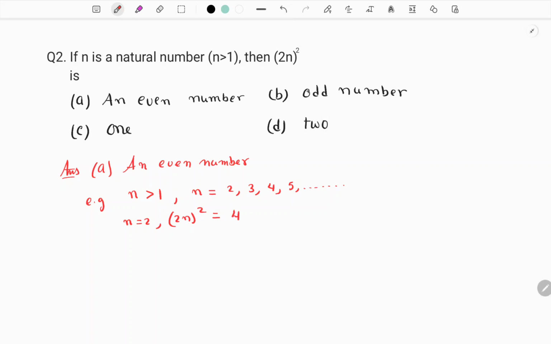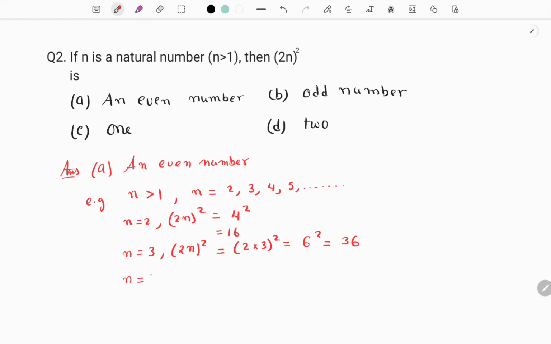So here becomes 4 square. So 4 whole square, this one will get 16. Next, when n is equal to 3, this one we write (2n) whole square, which is equal to (2 into 3) whole square. So 2 into 3 will get 6. So here 6 square, which is equal to 36.